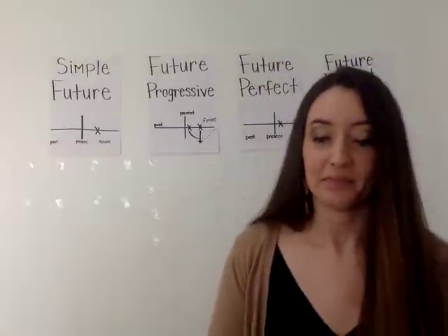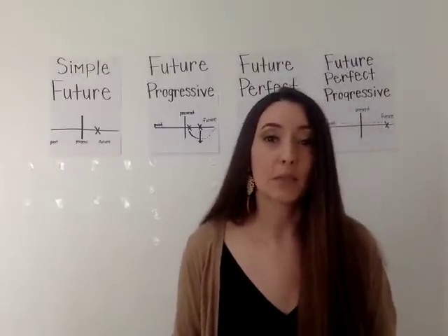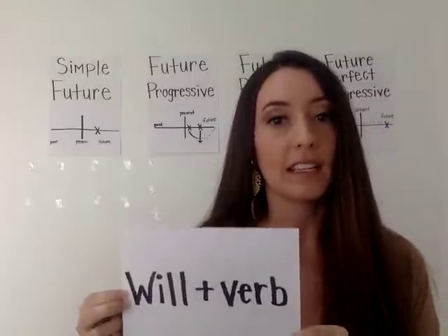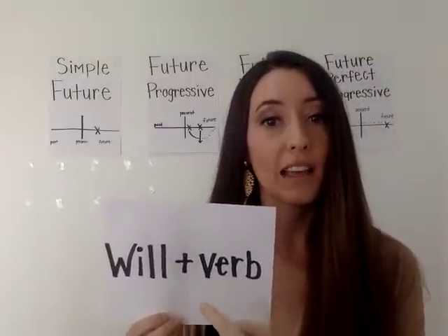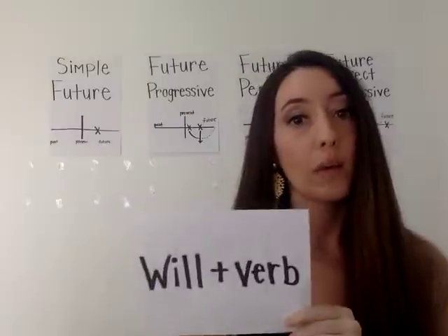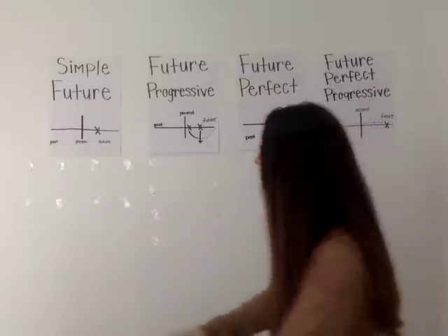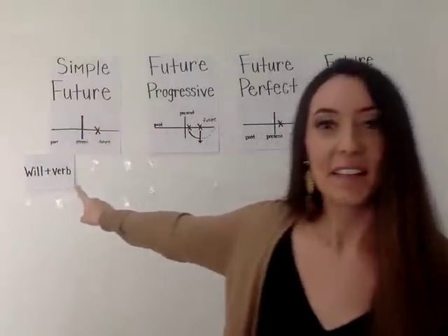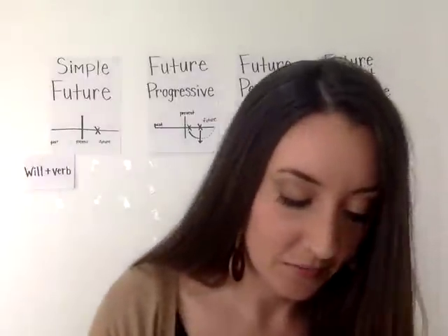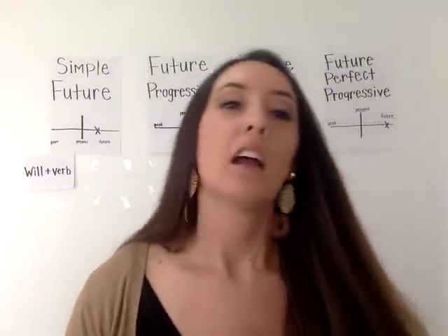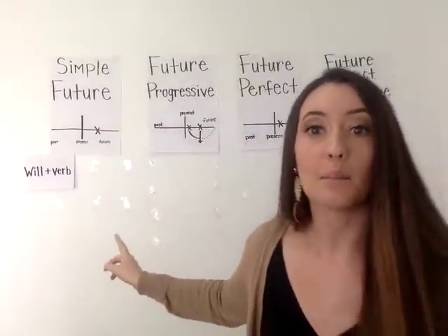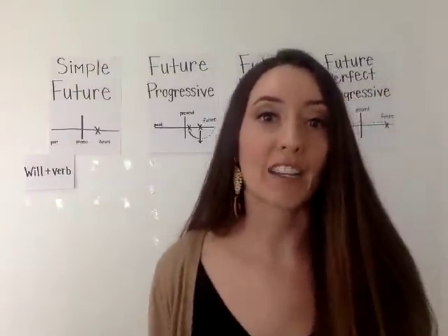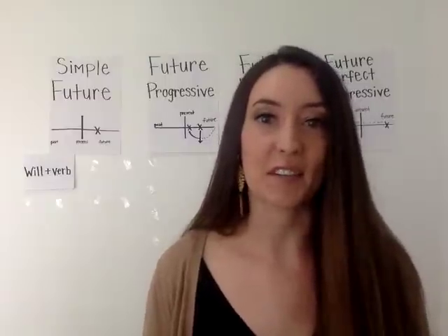All right, so the first way we express simple future is the word will, okay? So we have will plus the verb. Will plus the verb. Hopefully you can see the word still from there. So remember, when we have the word will, many times we are going to use what's called a contraction, okay?